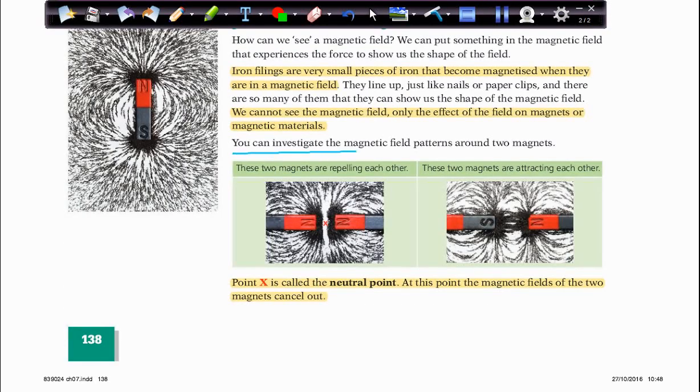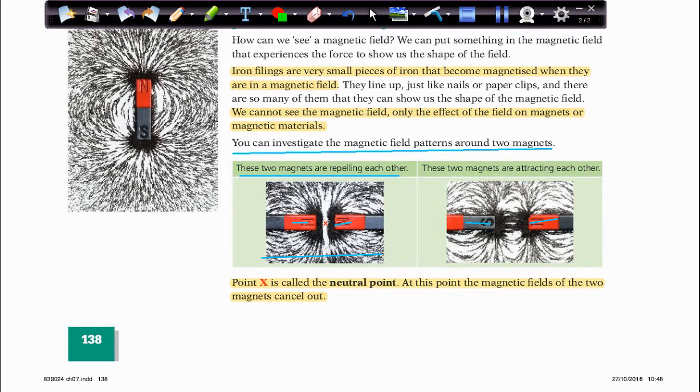You can investigate the magnetic field pattern around two magnets. So here we have two magnets, North Pole against North Pole, and here South Pole against North Pole. We mentioned earlier that like poles repel and unlike poles attract. So these two magnets are repelling each other.